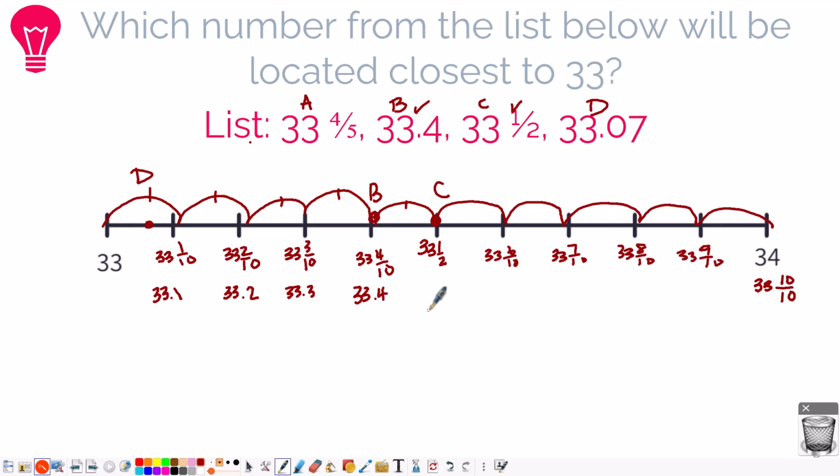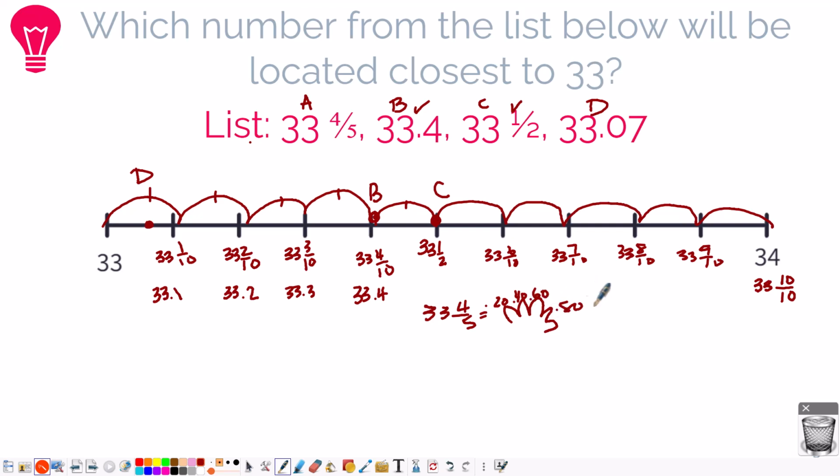So 33 and 4/5ths, you could think of as if you were counting on your fingers. Remember we talked about fifths. And this would be 20, 40, 60, 80.